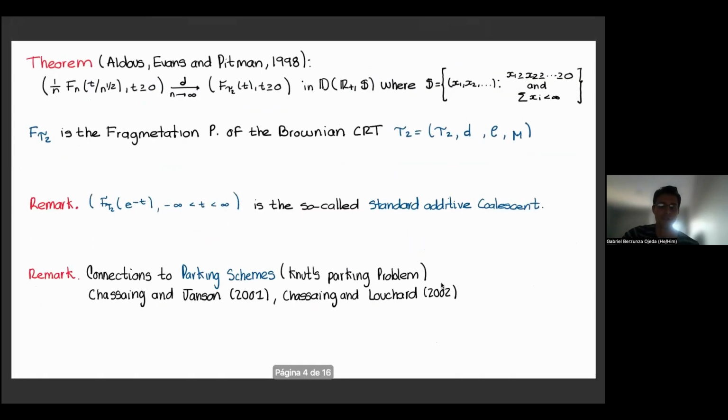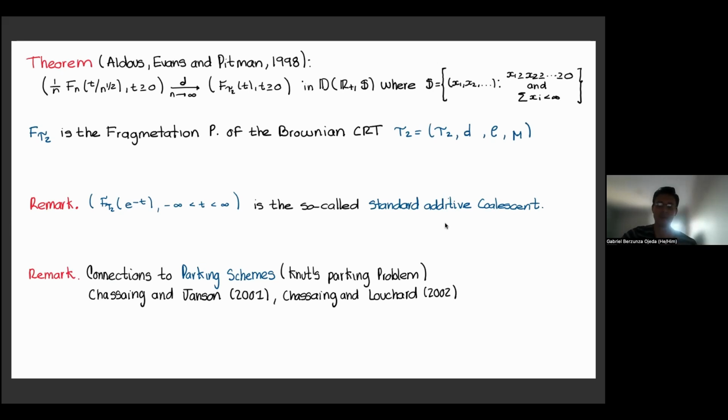A nice connection about this fragmentation process of the Brownian CRT is that if you do a time reversal, going in the opposite direction in time, then instead of fragmenting or cutting down the tree, you join different connected components. So you have the opposite of fragmentation, which is coagulation. In particular, if you time change this fragmentation of the Brownian CRT by an exponential time change, you get the so-called standard additive coalescence.